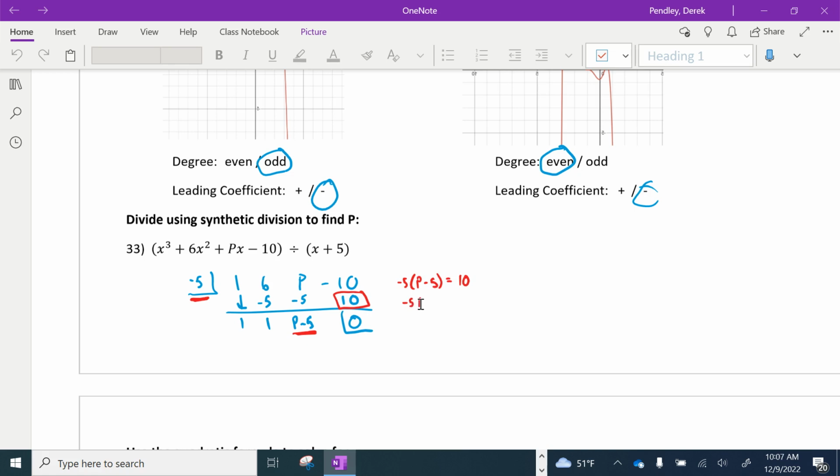Subtract 25 from both sides, and I get negative 5p is equal to negative 15. Divide by negative 5, and I get p is equal to 3. So to find p, this must be 3. If negative 5 is a root, p has to be 3.